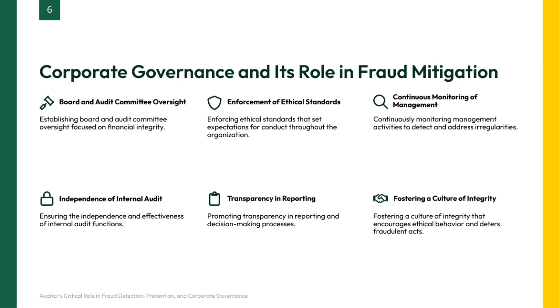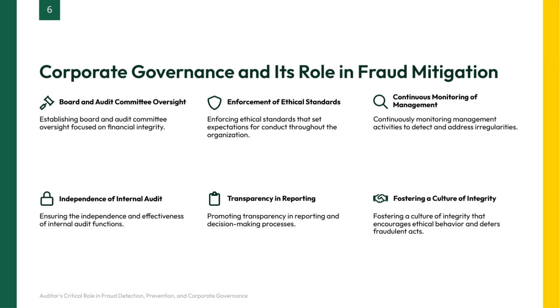This ongoing supervision helps identify any irregularities early, allowing issues to be addressed before they escalate. It's also vital to maintain the independence and effectiveness of internal audit functions. When internal auditors operate without undue influence, they can provide honest assessments and safeguard the company's interests.